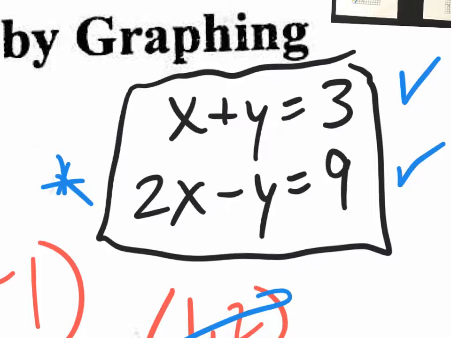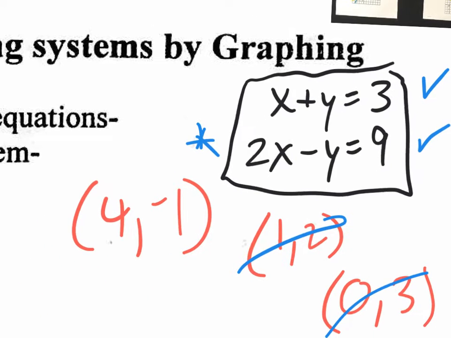And if you graph both of them correctly, both lines are going to cross where? We said that the answer was (4, negative 1). That would be the exact location of the intersection of these two lines. So instead of guessing the way we did right here to get the actual correct answer, we're going to actually graph them, find the point of intersection, and that will be our answer to the system.